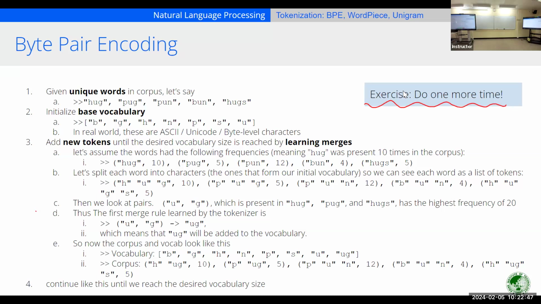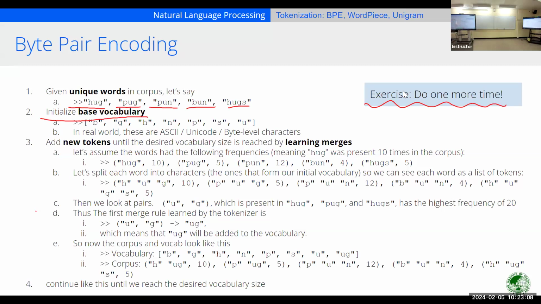Yep. So let's say I have five unique words in the corpus. You can imagine that the corpus contains so many, like 1 million words, but here I only have 5. So first you initialize a base vocabulary. And what is a base vocabulary?